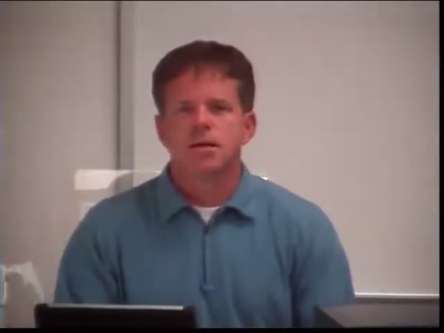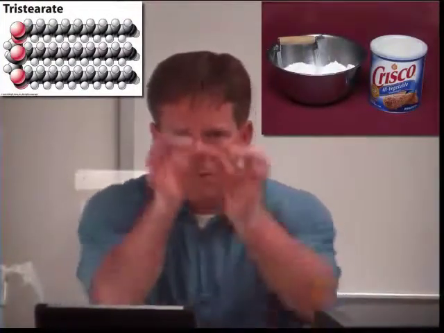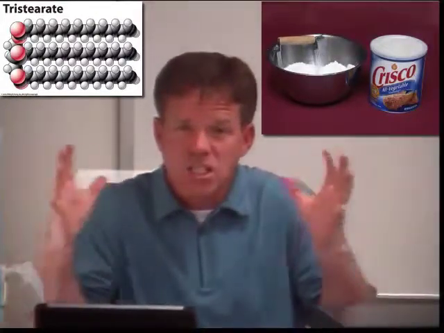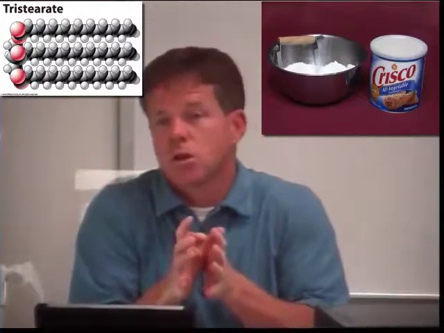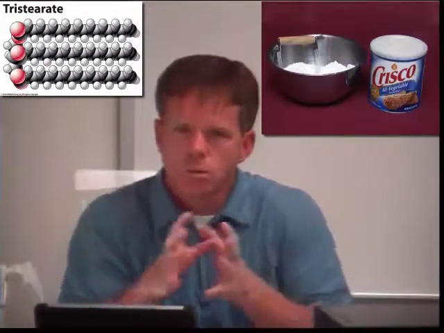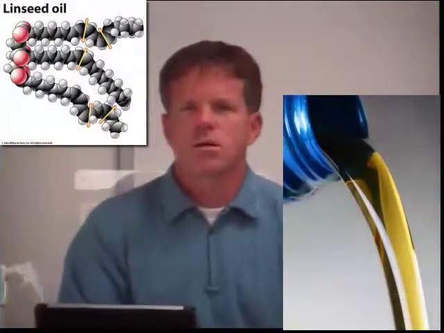Well, the difference is how much molecular space. In the case of our saturated fats, all of those chains are straight. Therefore, those fats can snuggle really close together. So close molecular space, solid at room temperature. You move those a little further apart, liquid.